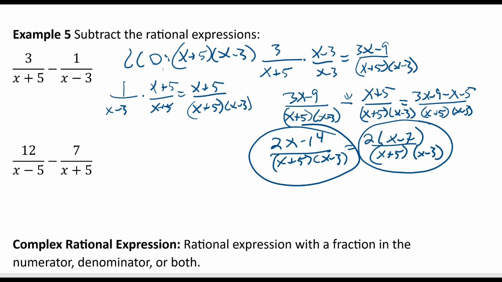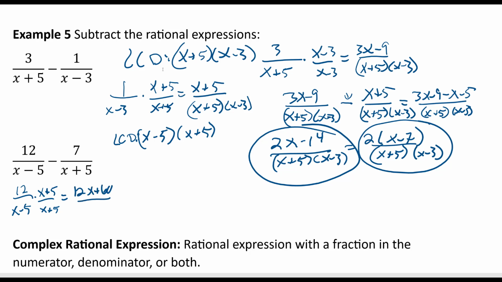And for the last one for this part, we have x minus 5 times x plus 5. So our LCD is going to be x minus 5 times x plus 5. So we have 12 over x minus 5 times x plus 5 over x plus 5 to give us 12x plus 60 over x minus 5 times x plus 5.